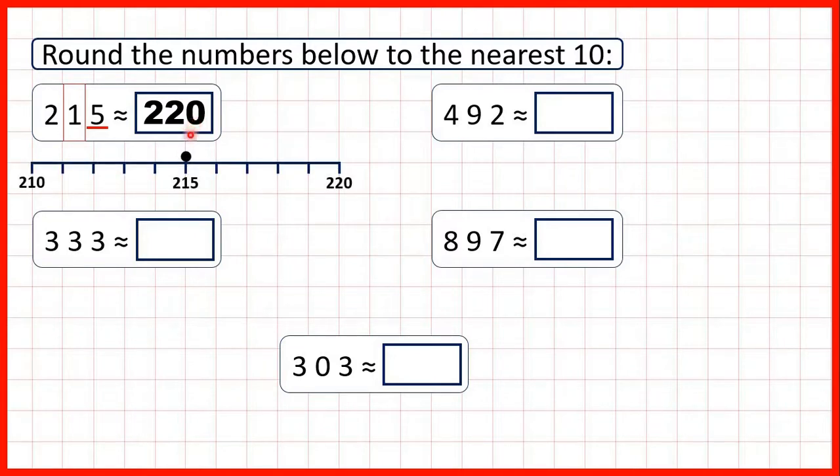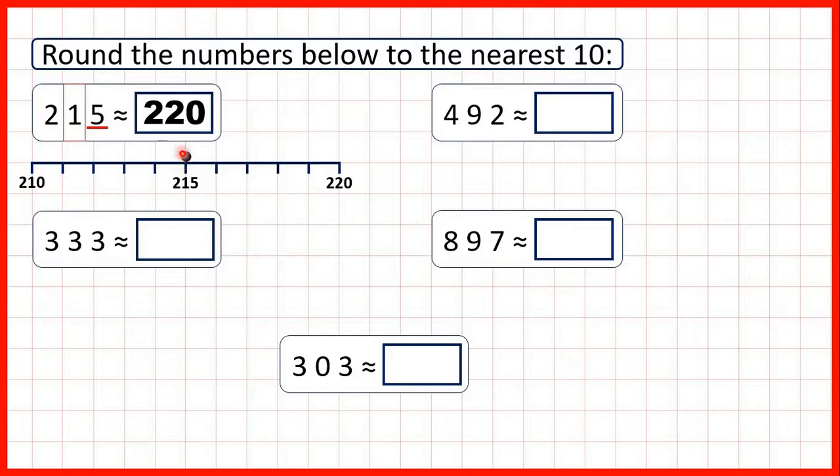Now on a number line, we can see that 215 is between 210 and 220. So the closest multiples of 10 are 210 and 220, because if we were to keep on counting up in tens, so 10, 20, 30, 40, and so on, we would eventually get to 210, then 220, and 215 is between those numbers.